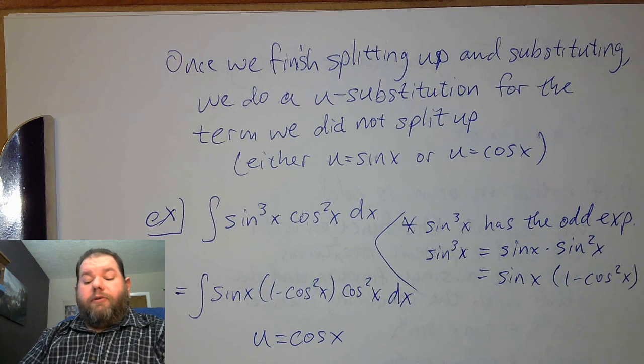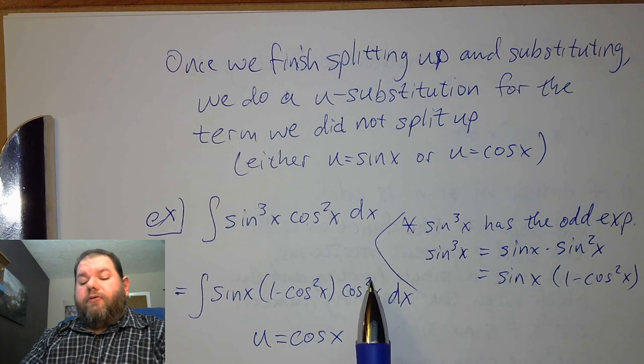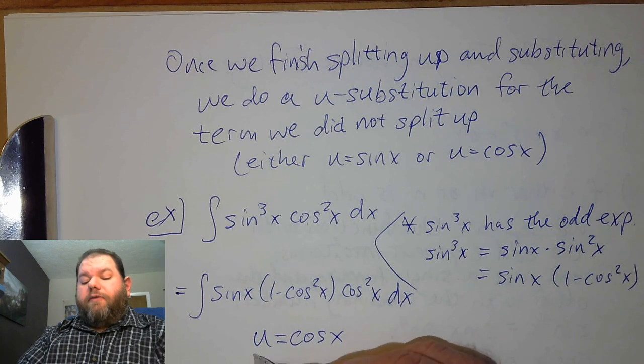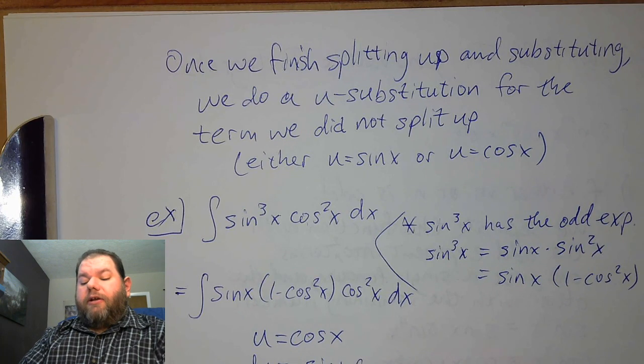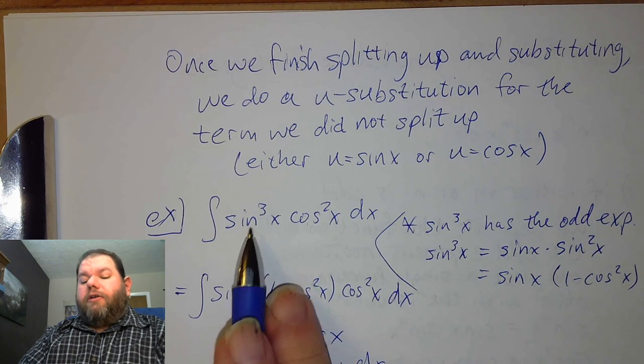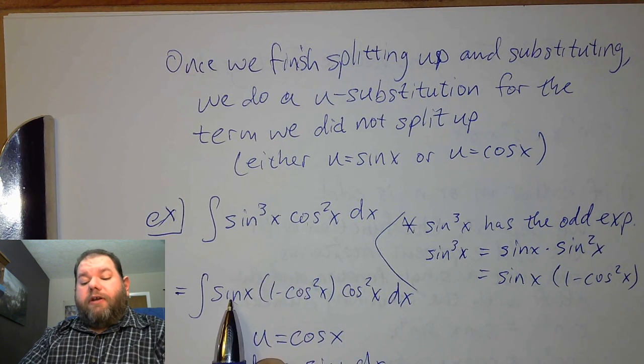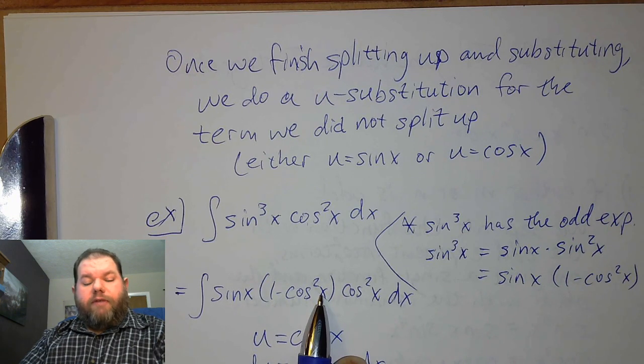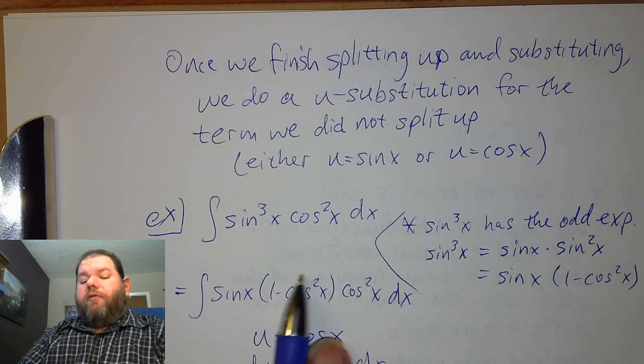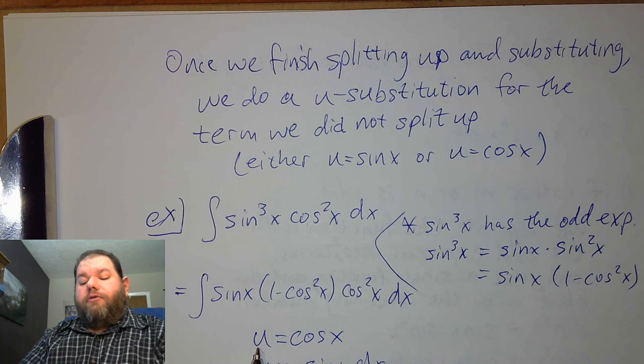The reason that this works is, this is u squared, this is u squared, and then our derivative of cosine is negative sine x dx. By taking all but one of our sine functions and changing them into cosine functions, we can replace all the cosine functions with u, and then sine x is now part of du.